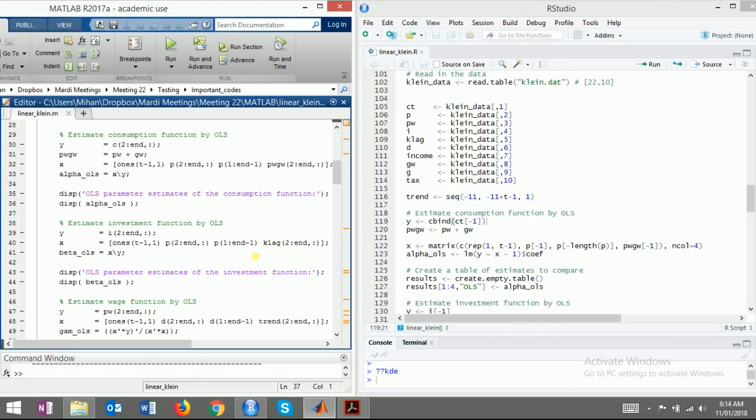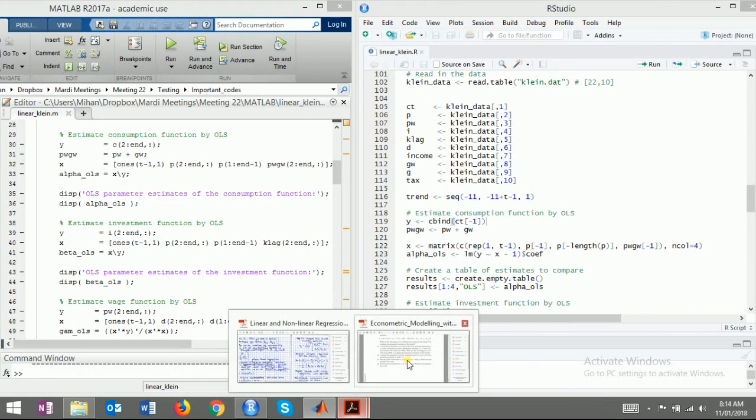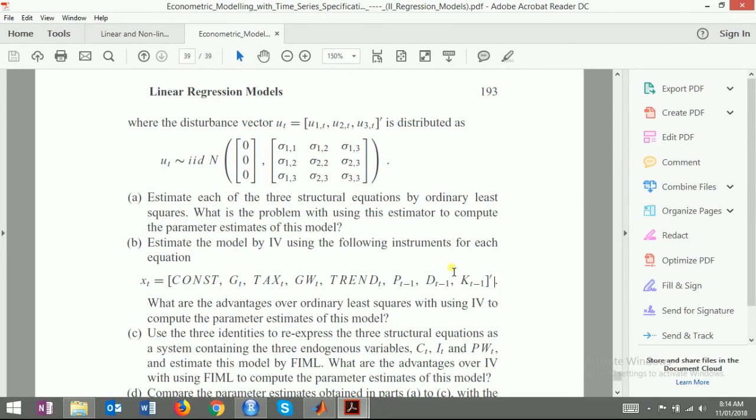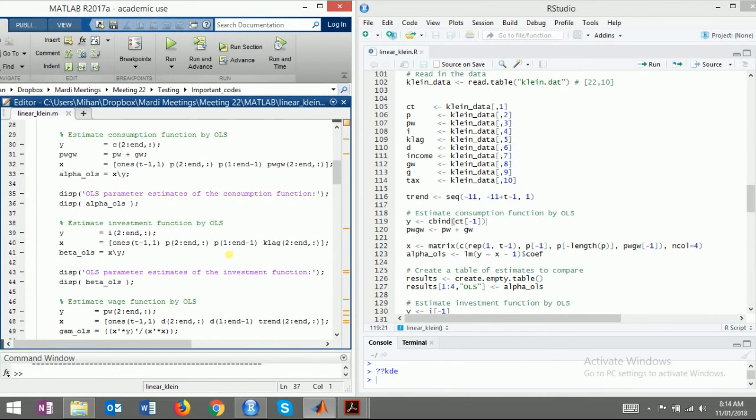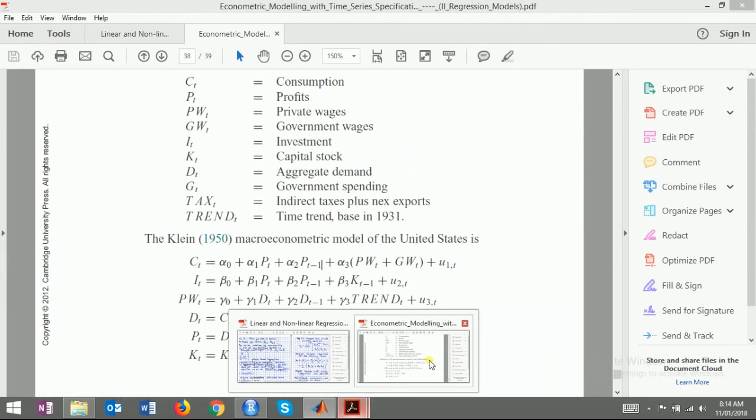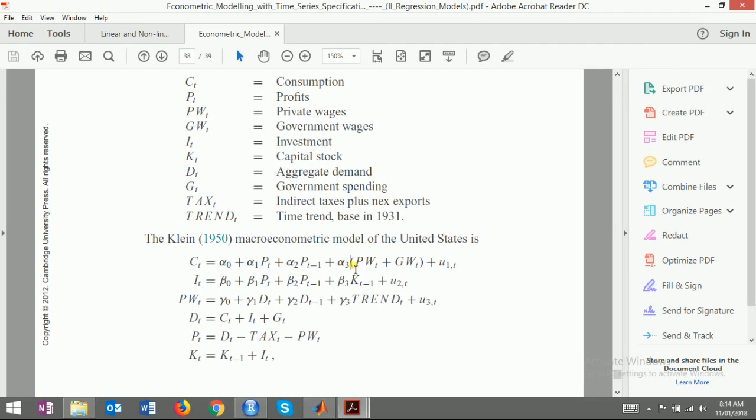It's just the equation. 2 to end obviously, because of the lag. You have to understand 2 to end, right? p, w g, w, that's fine, that's all.